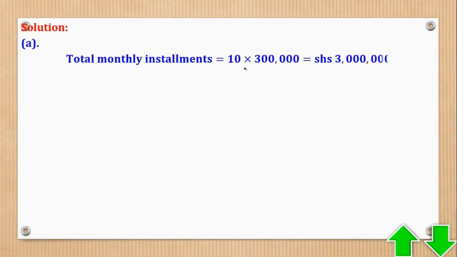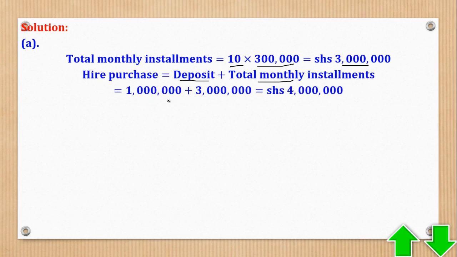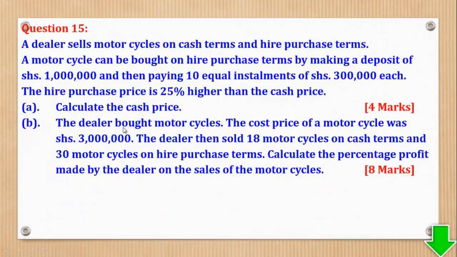So monthly installments, you pay 300,000 for 10 times. So 10 times 300,000 gives you 3 million. Then the initial deposit was 1 million plus the total, which gives you the hire purchase price, which is 4 million. But they told us that the hire purchase price is 25% more than the cash price. Let's read this.